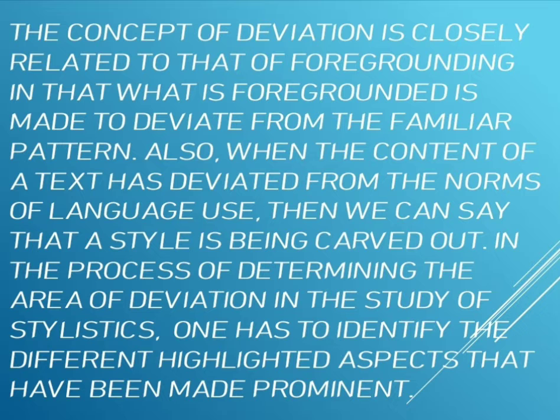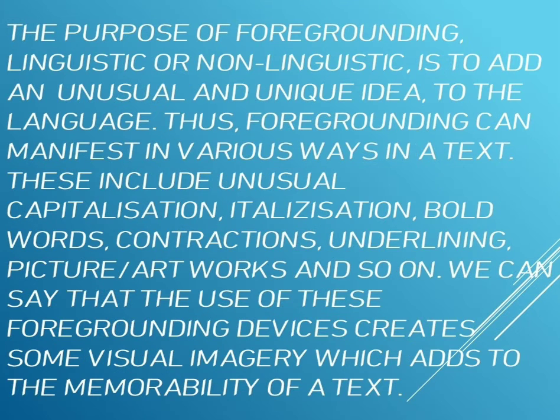In the process of determining the area of deviation in the study of stylistics, one has to identify the different highlighted aspects that have been made prominent. The purpose of foregrounding, linguistic or non-linguistic, is to add an unusual and unique idea to the language. Thus, foregrounding can manifest in various ways in a text.